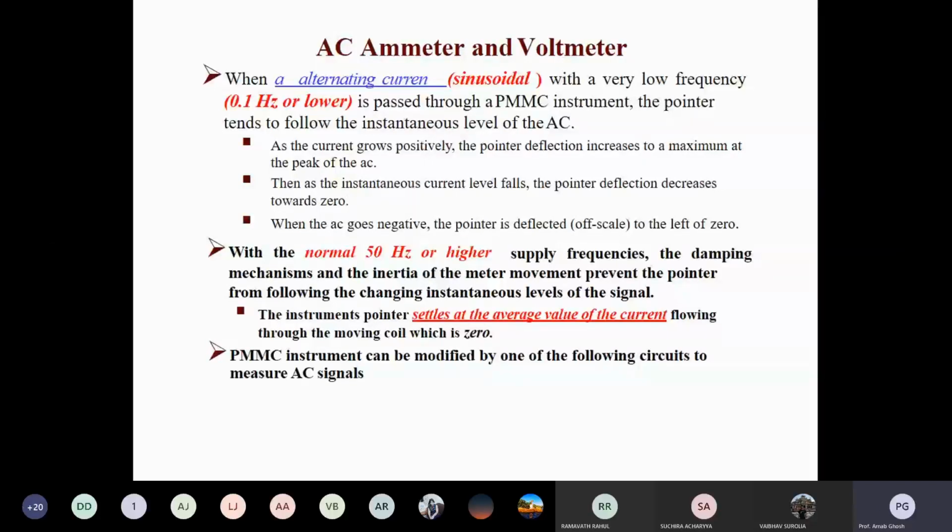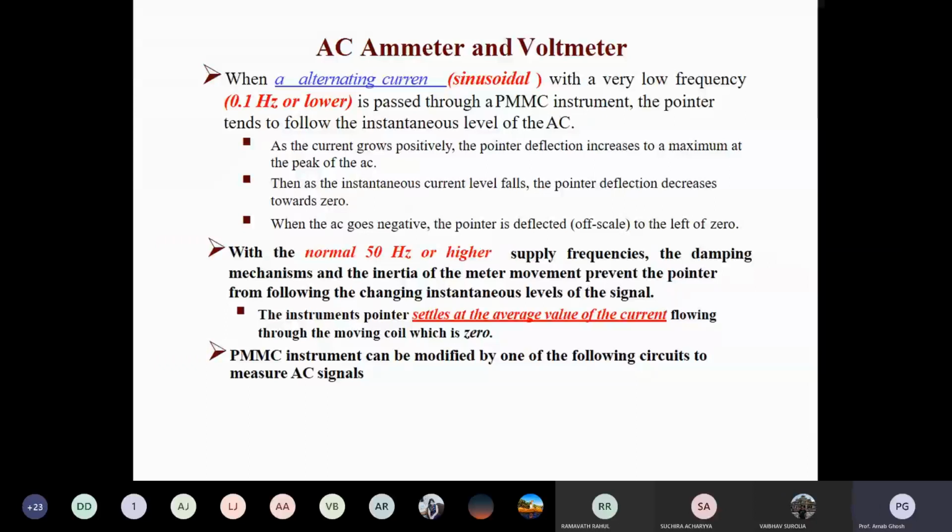you can observe the pointer responding to instantaneous polarity, because for AC we are always concerned with instantaneous polarity. I think all of you know from your first year class what the RMS value and the average value are, and why RMS is important.